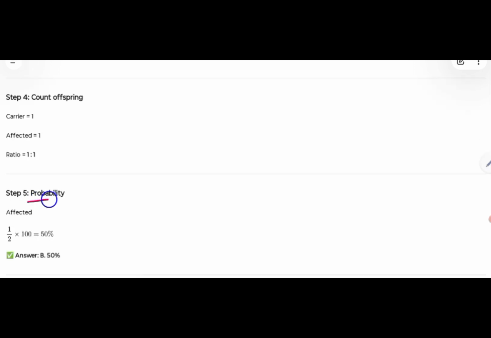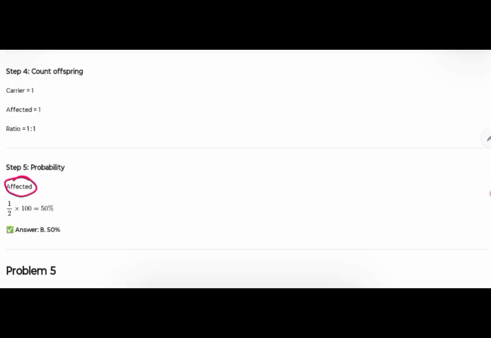The gametes are HBS from the patient, and HBA and HBS from the carrier. In the Punnett square, HBA-HBS is a carrier, and HBS-HBS is the patient or diseased condition. Here also the ratio is 1:1, and the probability of the affected person is half into 100, that is 50%. So the answer is 50%.